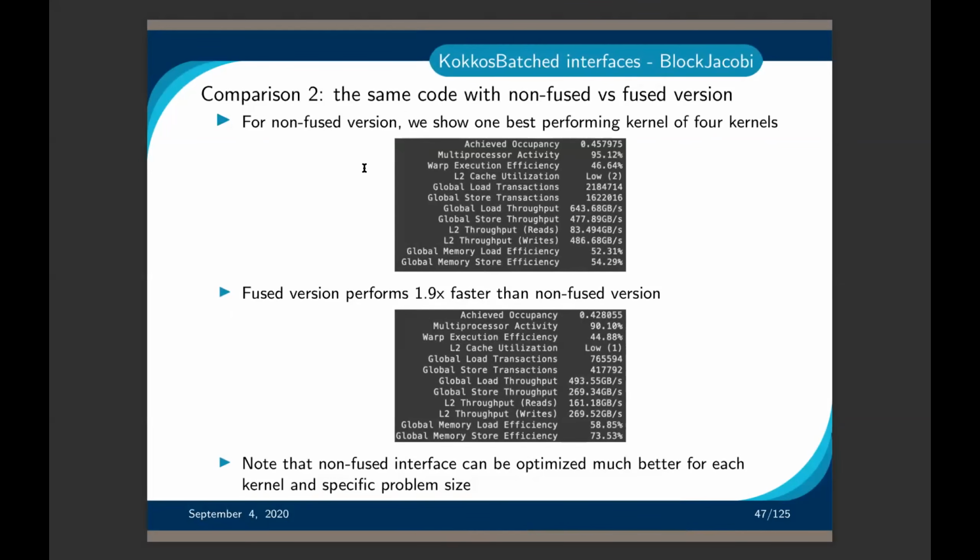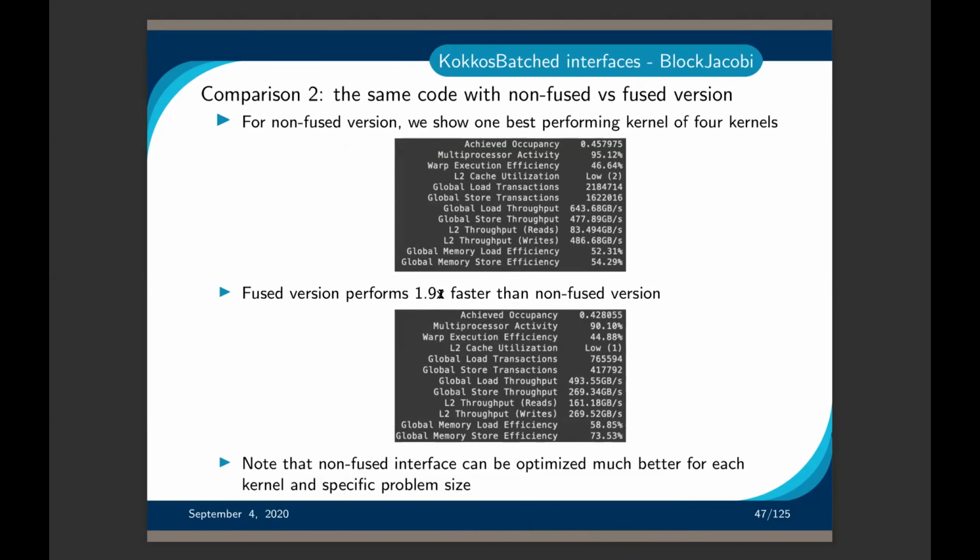Another comparison is we are using the same code, but the first case is the non-fused version. So we are running this kernel 4 times. I just grabbed the one best performing kernel profiling output. So overall, it performs better, the higher occupancy, and also if you look at the global load throughput, it's higher, and it can be optimized for this particular kernel.